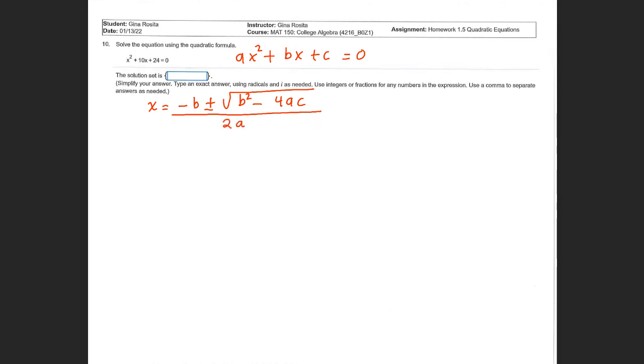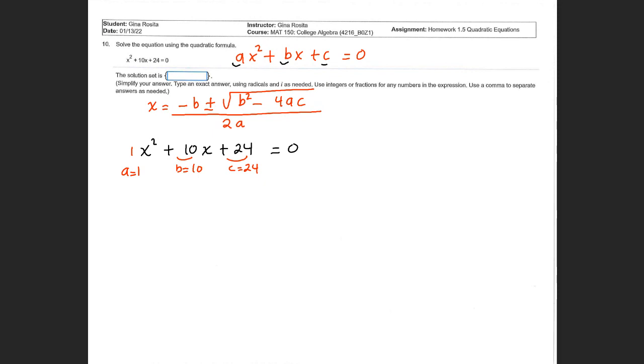Now write the problem: x squared plus 10x plus 24 equals 0. We can see a is next to x squared, then b and c. a equals 1, I can put 1 here, b equals 10, c equals 24.